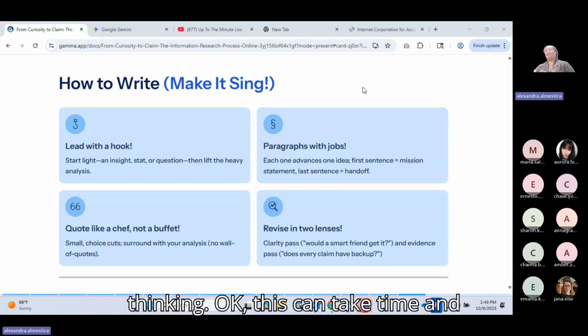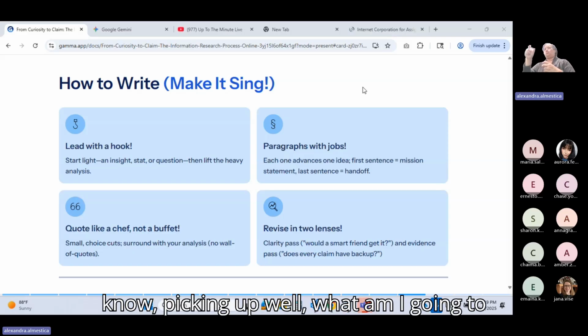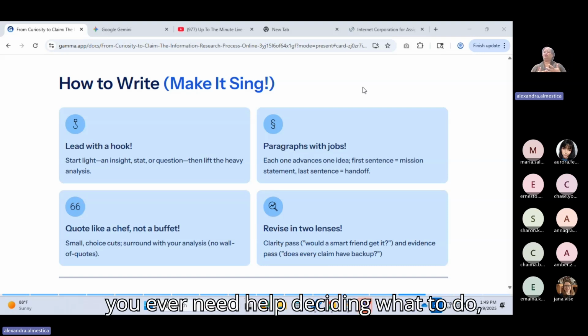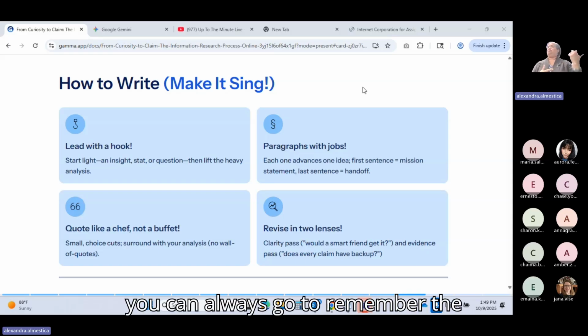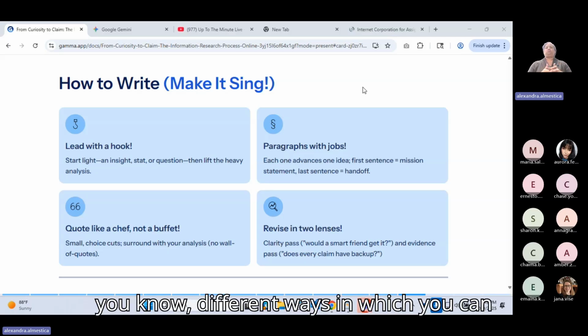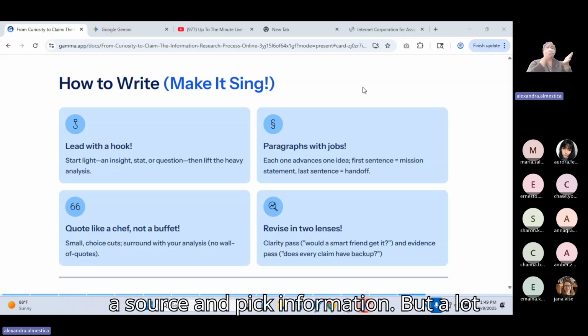Okay, this can take time, and sometimes we struggle with deciding, well, what am I going to use from this source? It's a lot. So if you ever need help deciding what to do, you can always go to, remember, the academic success centers, or consult with a librarian, and we'll point you to different ways in which you can consider how am I going to look at a source and pick information.